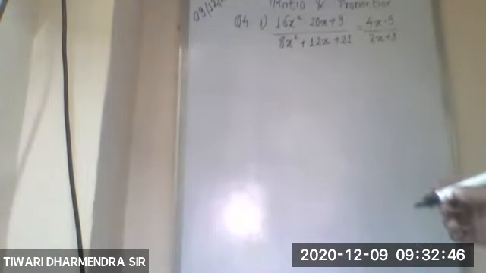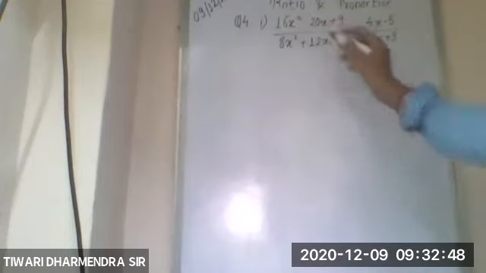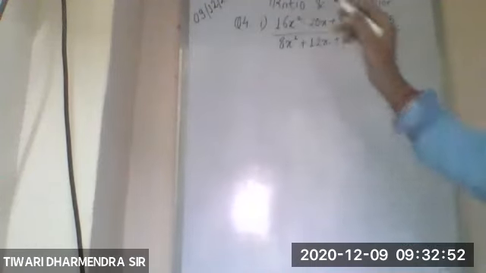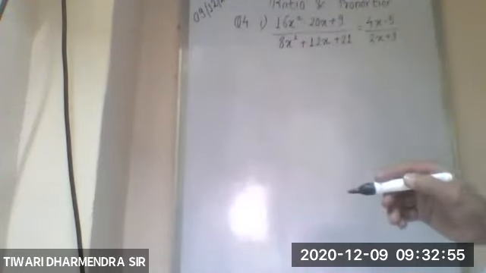Now you can see we have 16, 20, and here we have 4, 5. But here we have x square, and here we have x.